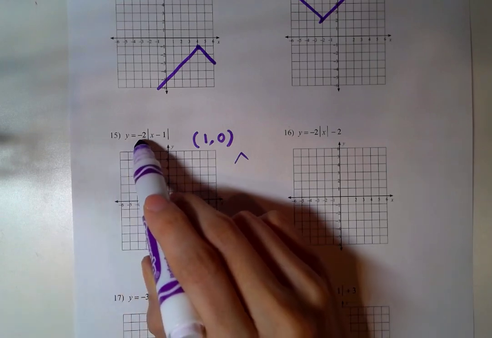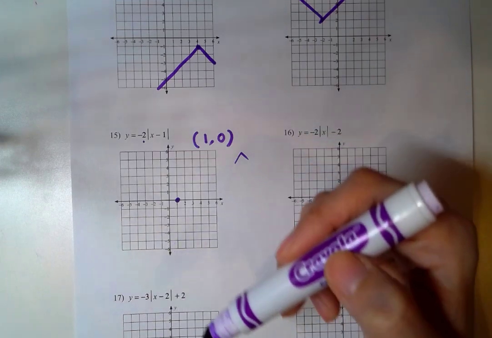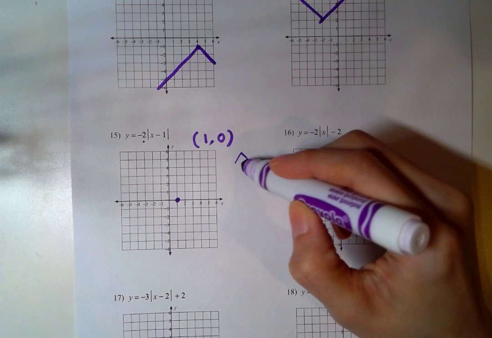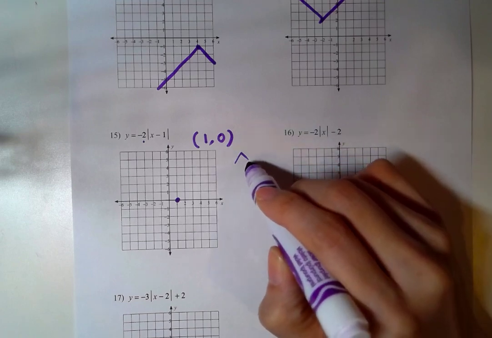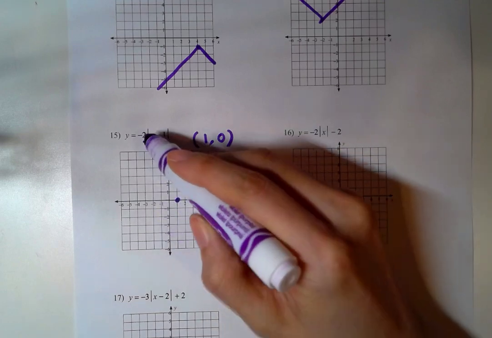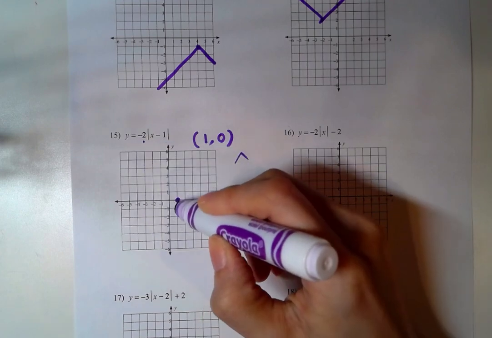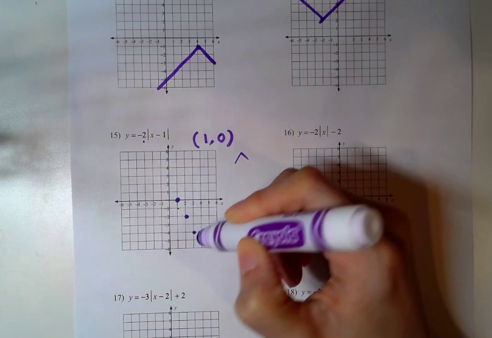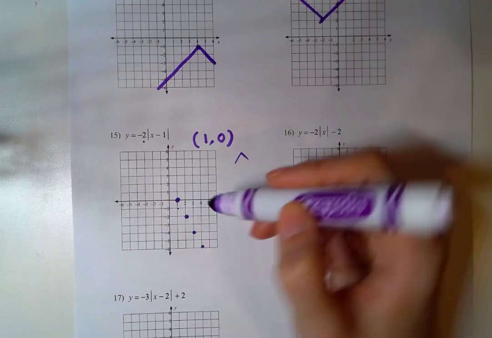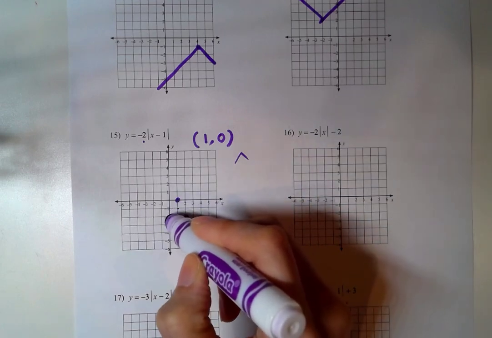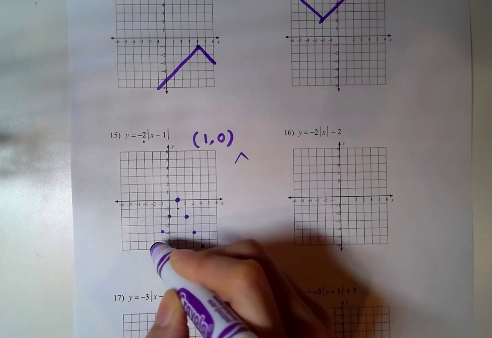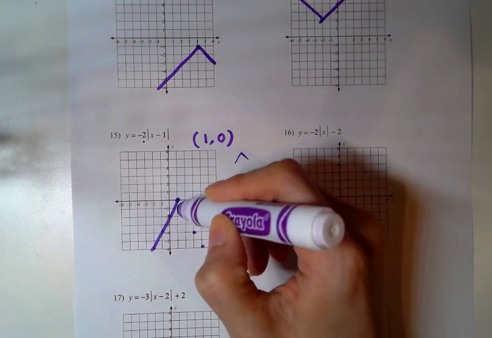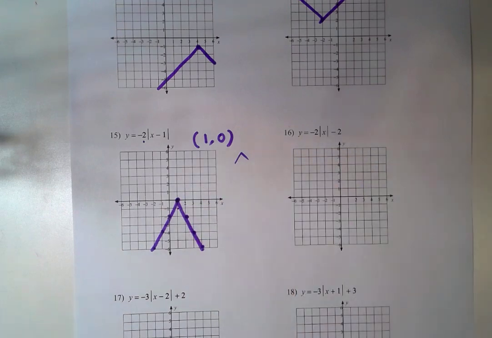And you know that's -2, so we need to go down 2, 1 to the right. The graph shape looks like this, so you need to go down, right? But your slope is 2, so let's go 2 and 1. 2 down, 1 to the right. 2 down, 1 to the right. And same here, like this. Right? And once you get a couple points, you can connect. Alright?